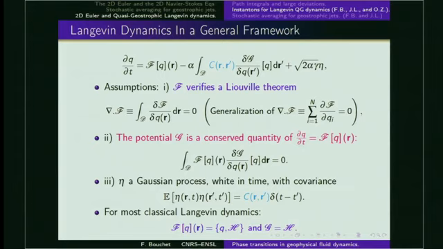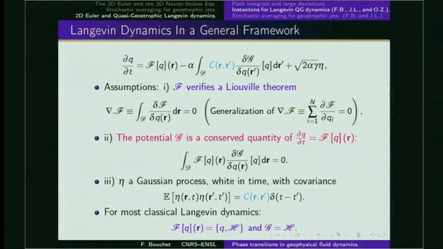The key property is that F, the nonlinear part of the dynamics, verifies the Liouville theorem, or a generalization of the Liouville theorem: the fact that you conserve the volume of the phase space, or a generalization of this notion. So there are conserved quantities G, for what I was talking about before.